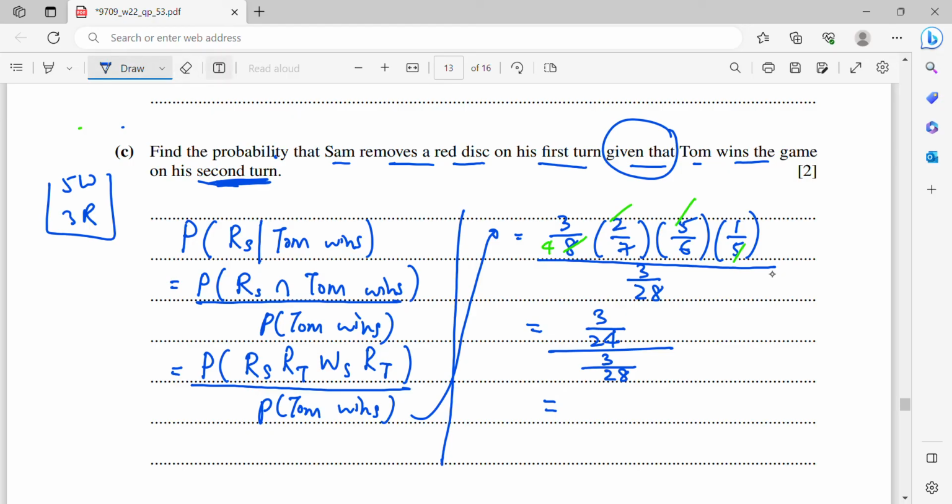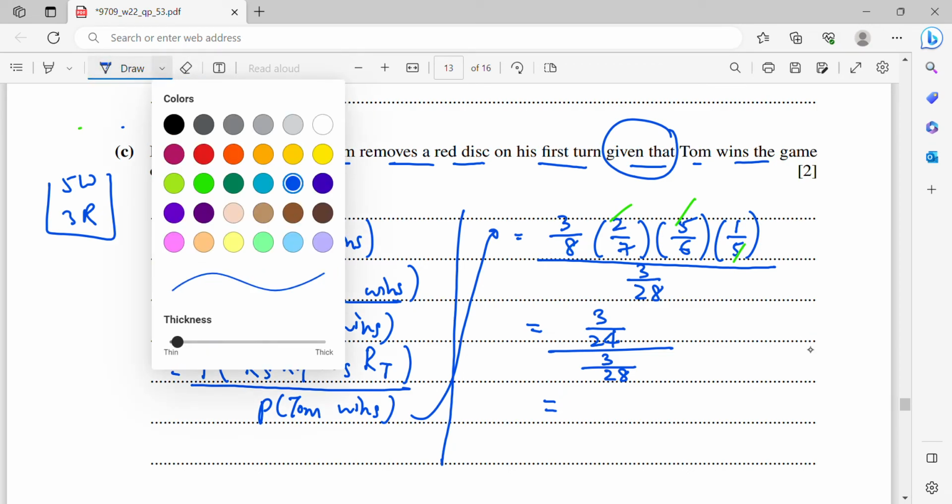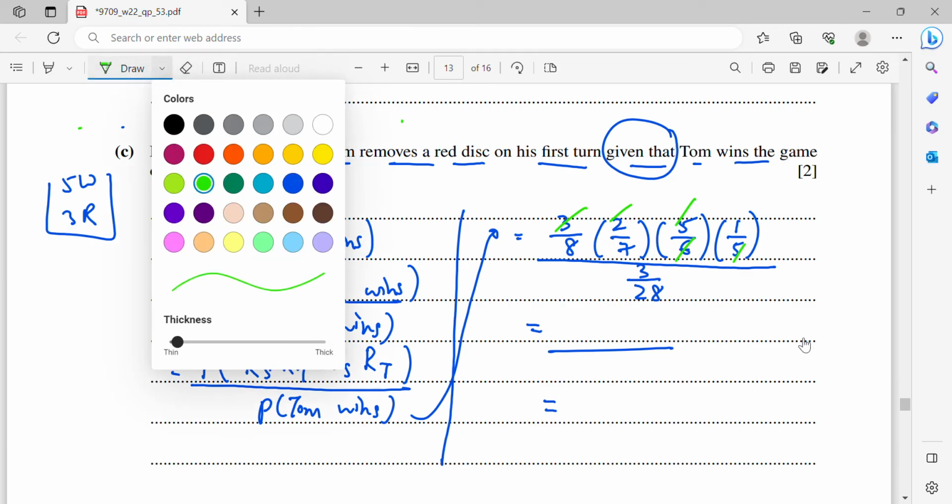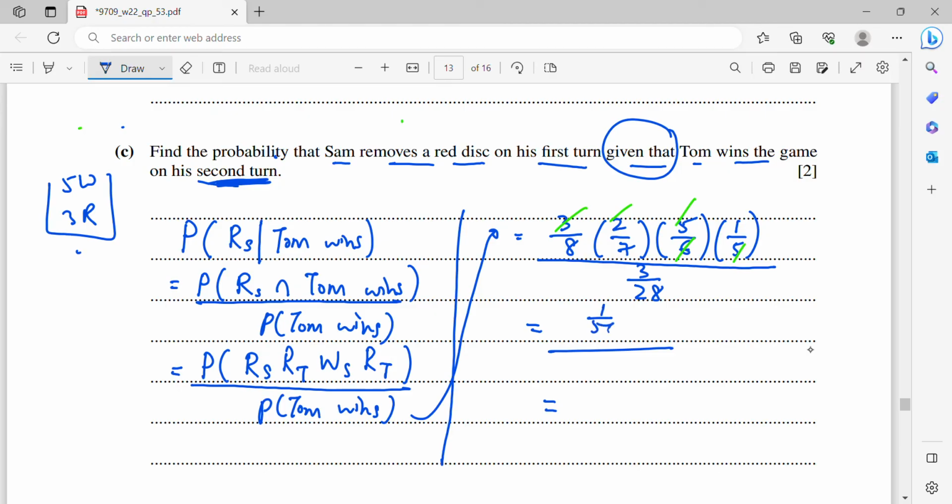Okay, probably you can just count like this. If not, okay, I overlooked it. This is basically no need to cancel with the 8. So 3 and 2 will be 6. So cancel, you get 1 over 56. That will be easier. So I will get 1 over 56 divided by, instead of 3 over 28, I can change it to over 56. So it will be 6 over 56. So cancel the 56. It will be 1 over 6.